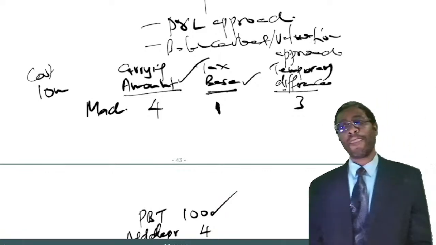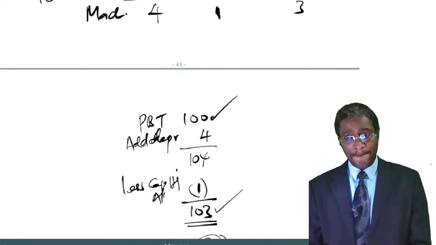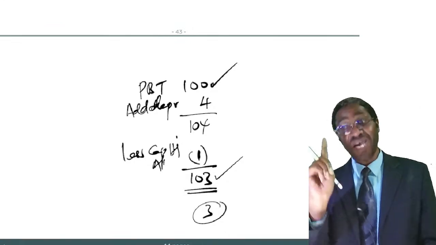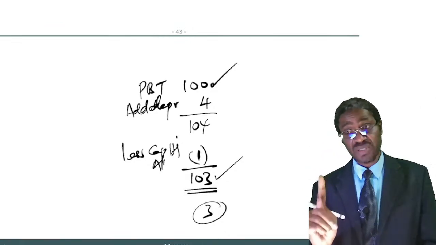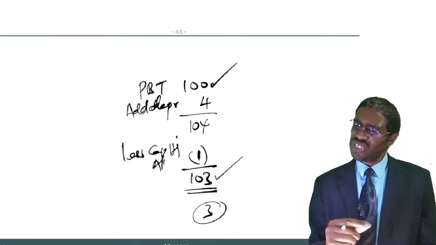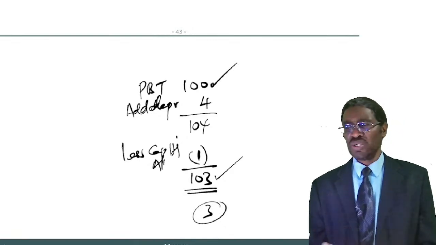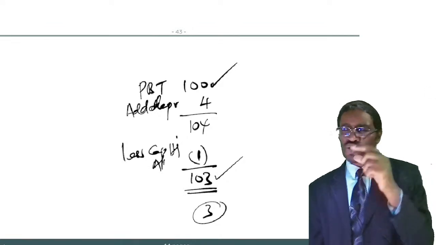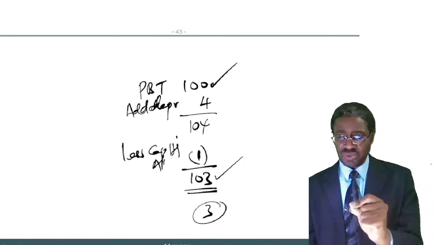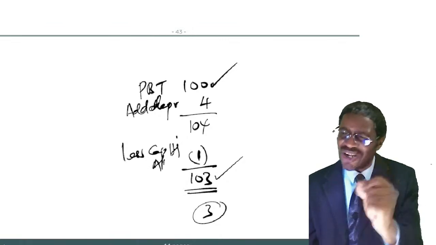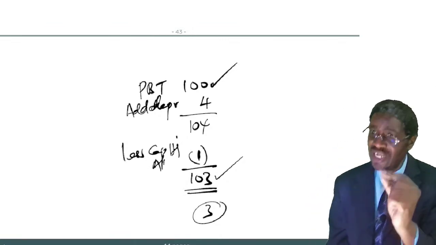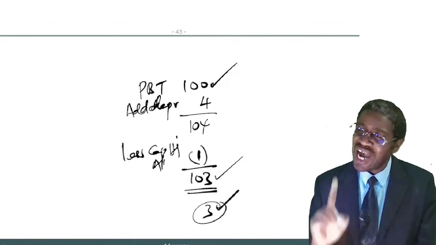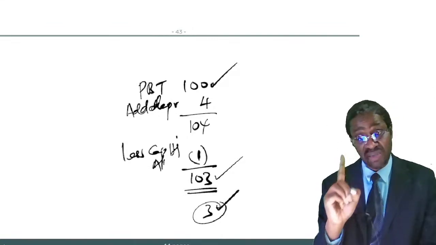Listen carefully. Going back down here, while I thought I'll be required to pay tax on 100 million next year, the taxman will tell me, no, you will pay tax on 103. So from the taxman's point of view, I'll also pay tax on that 3 million.